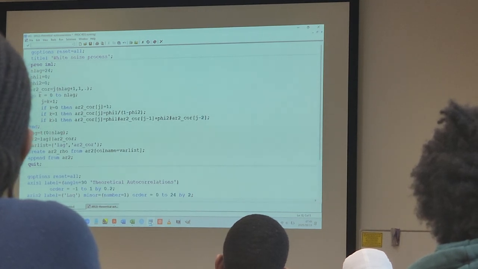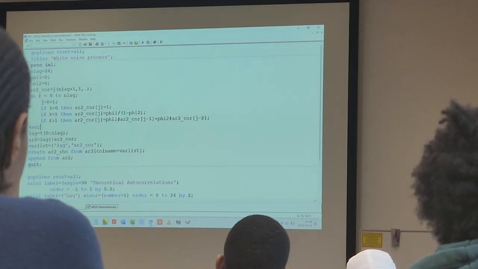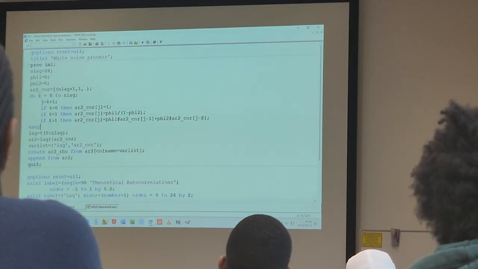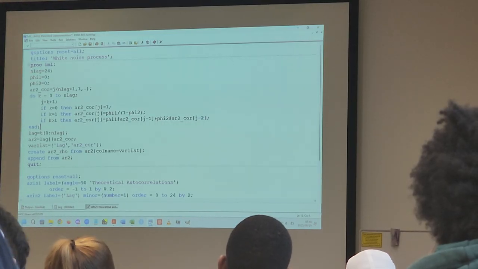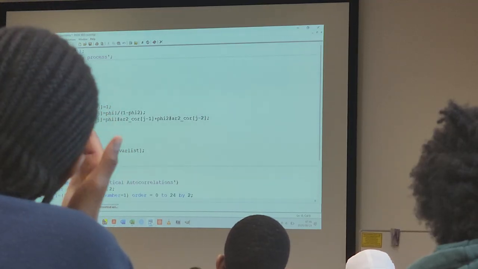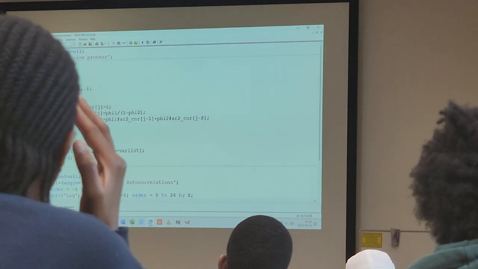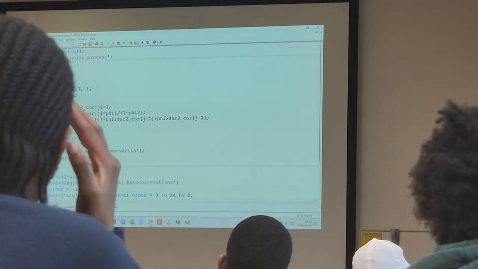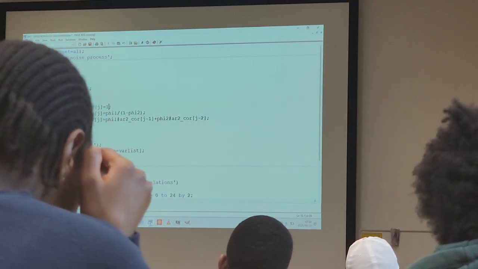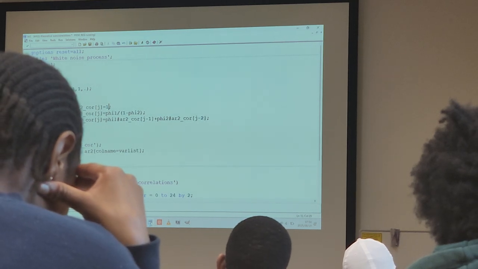Fortunately, the formulas work even though I have white noise, because with my true parameters 0, the formulas reduce to 1 at lag 0 and 0 everywhere else. When my lag is 0, the theoretical autocorrelation is 1, and at all the other lags I substitute in 0 for phi 1 and phi 2, so basically I'm going to get 0 for the autocorrelations.